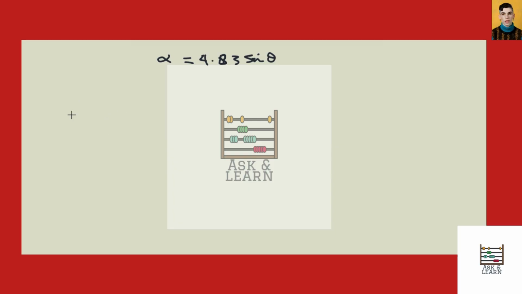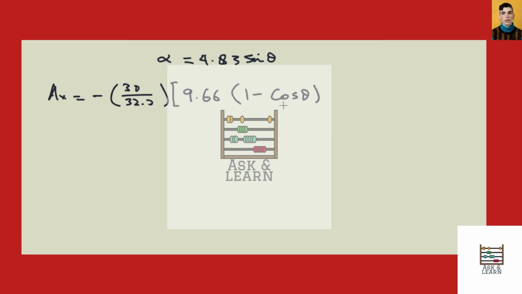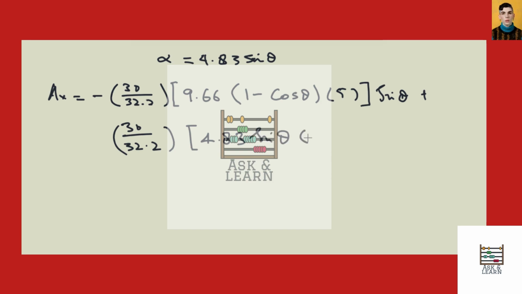For linear acceleration we can write this capital X is equal to minus the mass, which is equal to 30 divided by 32.2 into 9.66 into 1 minus cosine of theta into 5, square brackets close, sine of theta plus again the mass, which is equal to 30 divided by 32.2, square brackets open 4.83 sine theta into 5 square brackets close, and that is cosine of theta.